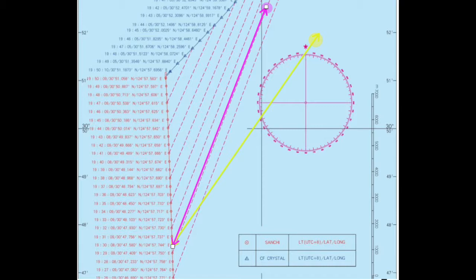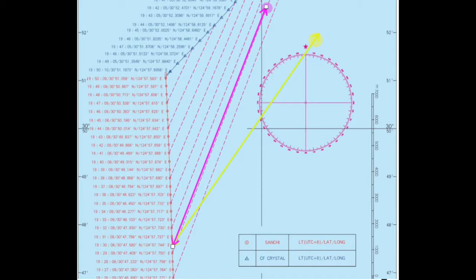Okay, this is the AIS track of two vessels. Motor vessel Sanchi was on the course of about 355 degrees, and the CF Crystal was on the course of 217 degrees when two vessels meet each other.